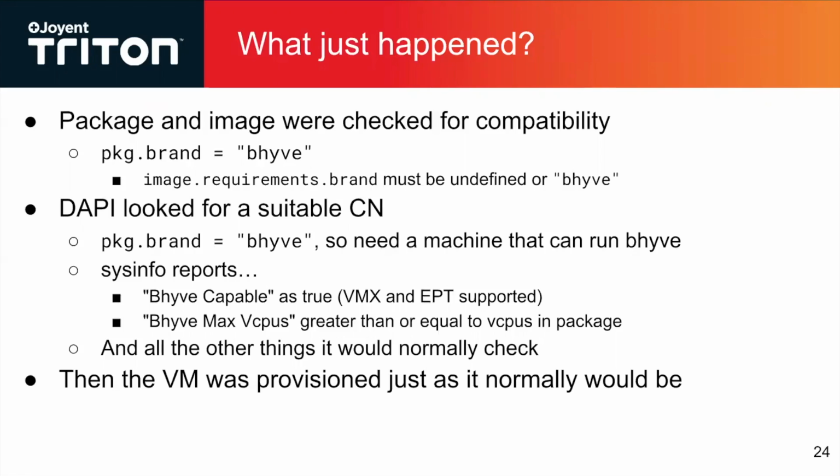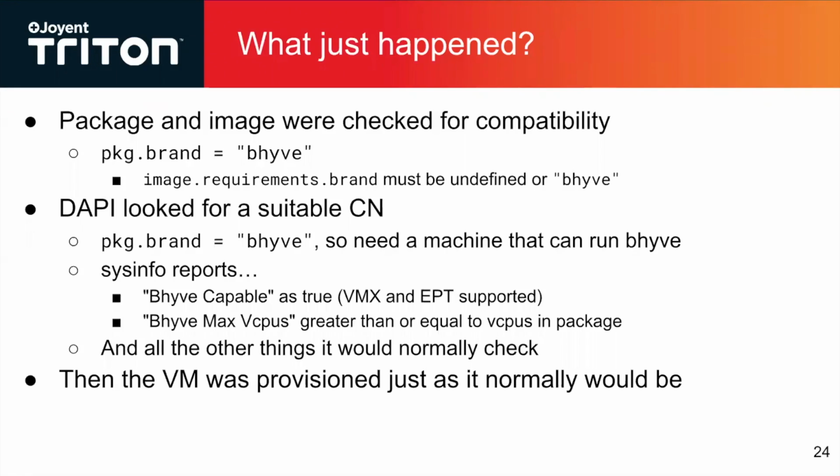That information is passed up to CNAPI through information reported from sysinfo. There are a couple new fields there. Bhyve capable needs to be set to true, and that is true if the hardware, the CPUs, support VMX and EPT.